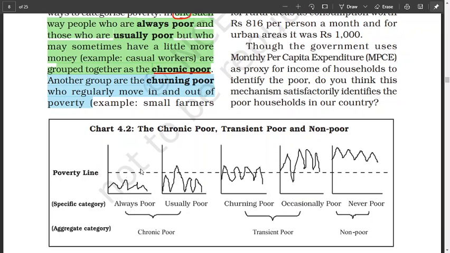But the usually poor, depending on the circumstances, sometimes cross the line, but not all the time. So sometimes they get access to those necessary basic things of life. So first, chronic poor: always poor and usually poor.